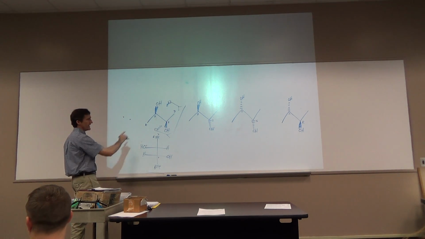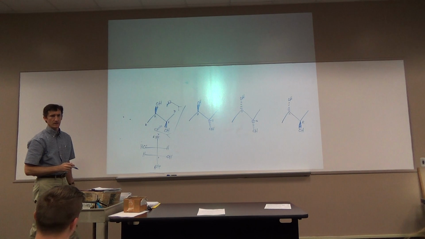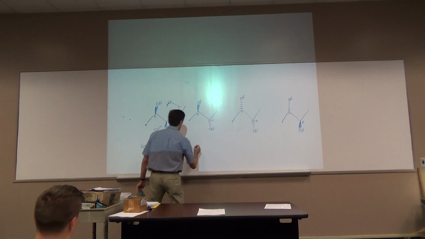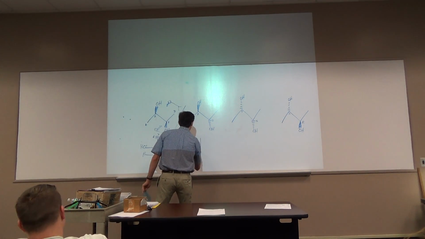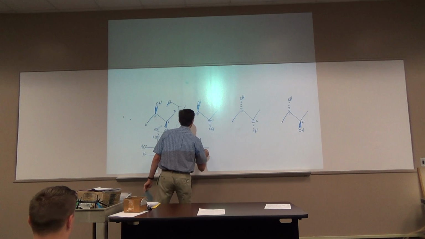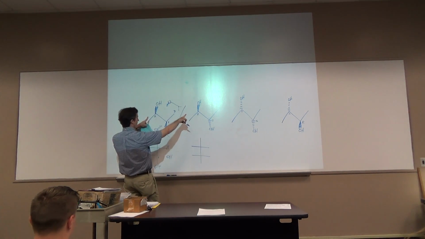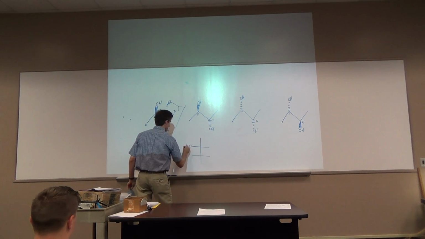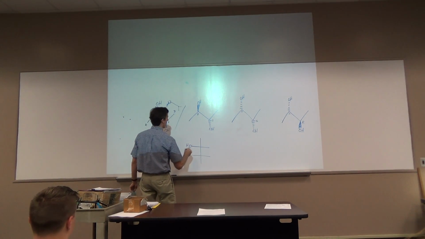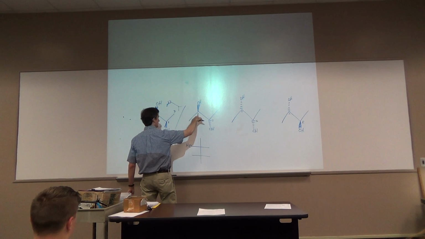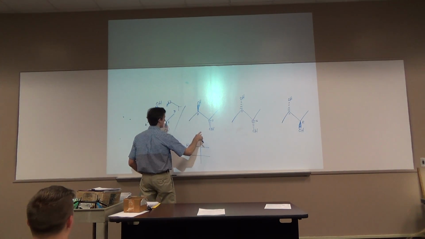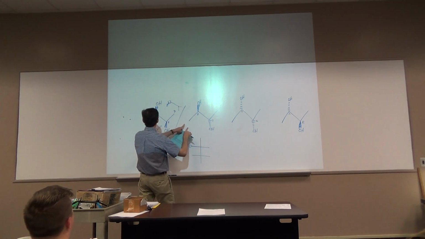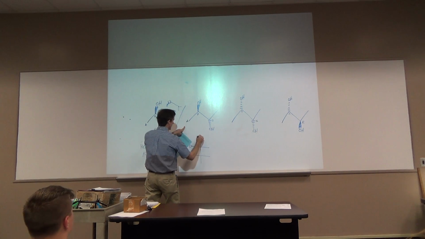Okay, I did one from scratch. I'm going to draw the other 3 just cheating now. Because I can draw this one. What's the difference? The OH is not changed. So the OH is still over here. Well, this one has it. We got 2 of the same. Which one is this? Well, this is the A carbon. A is at the top.